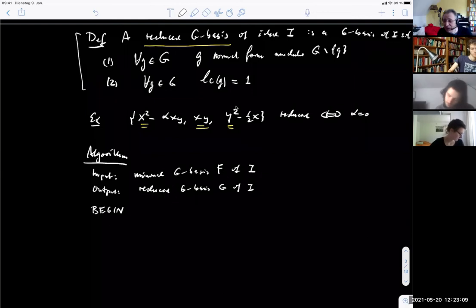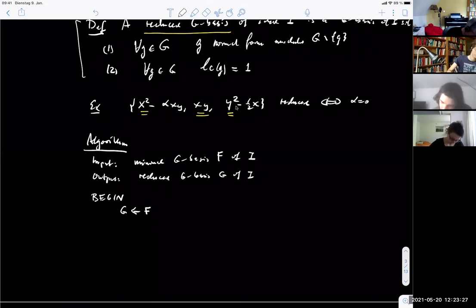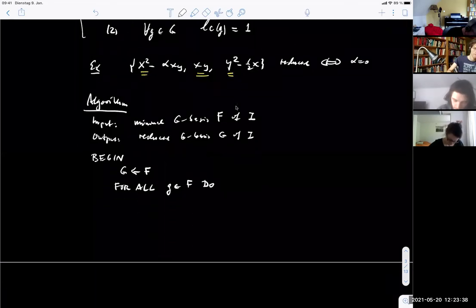When I write begin, I'm quite old, so my first programming language I learned was Pascal, many decades ago. Very old-fashioned, no Java and so on. So I initialize G to F. Then for all g in F, let's do the following. Also I studied in Zurich and Pascal was developed in Zurich, so it's quite okay.